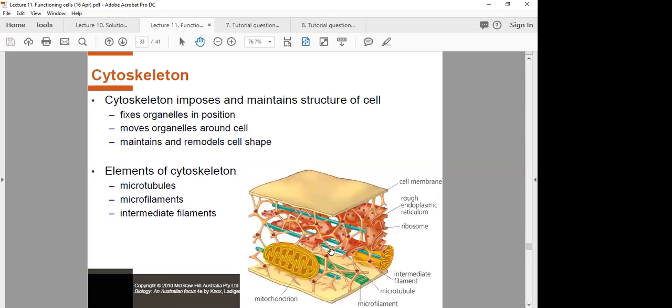So this structure here is the intermediate filaments, and these blue tube-like structures here are the microtubules, and then these green tube-like components of the cytoskeleton are the microfilaments. And you can see how some of them are attached to a mitochondrion, and how they're also attached to the endoplasmic reticulum.